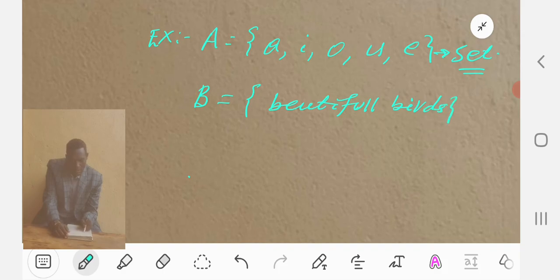Consider this collection. Is this collection well defined? Students, this collection is not well defined because adverbs of qualities like beautiful, handsome, clever, lazy, strong are present in the verbal notation form of the set.